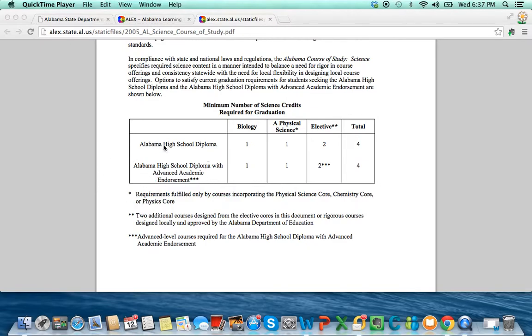Now, there are some courses that meet the Advanced Academic Diploma endorsement, and that endorsement will still be available for our kids in 10, 11, and 12. However, beginning with our current 9th graders, there will be only one diploma option. There will no longer be a diploma option with the Advanced Academic endorsement.